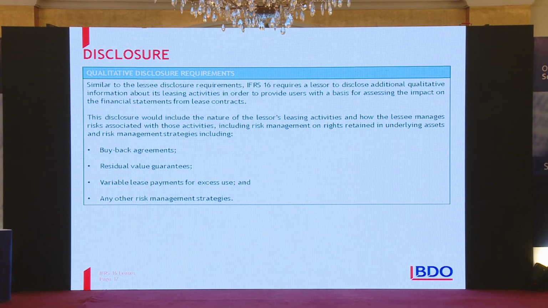So that's what's meant by the excess use aspect here, and any other risk management strategies. So for financial institutions and other entities, large corporates who have larger impacts from a lessor point of view, they will likely need to engage with their treasury teams to help assist in drafting disclosure requirements for these areas.